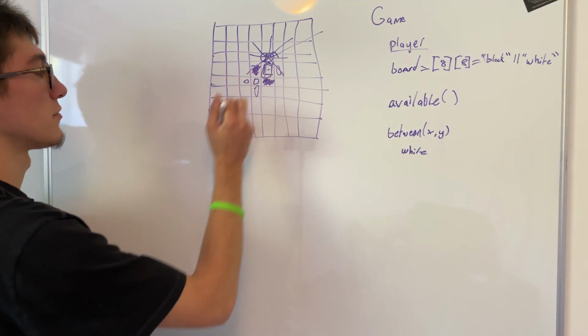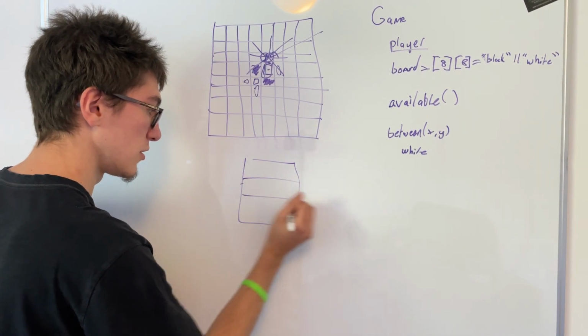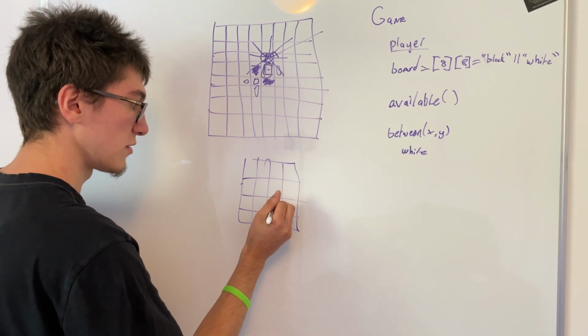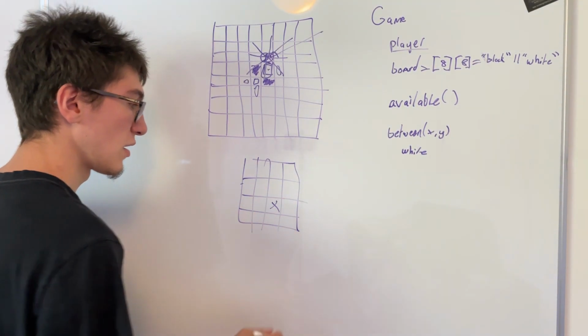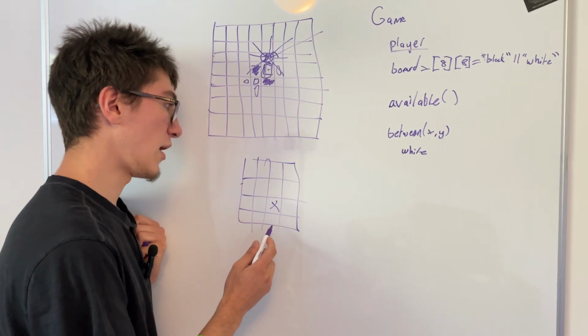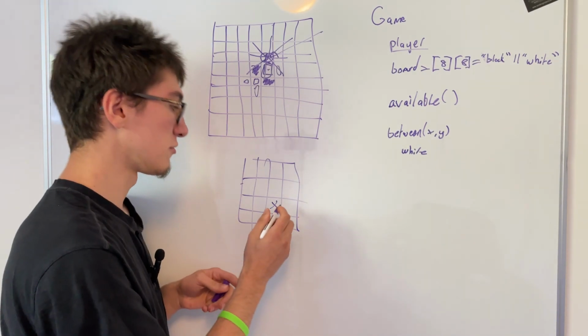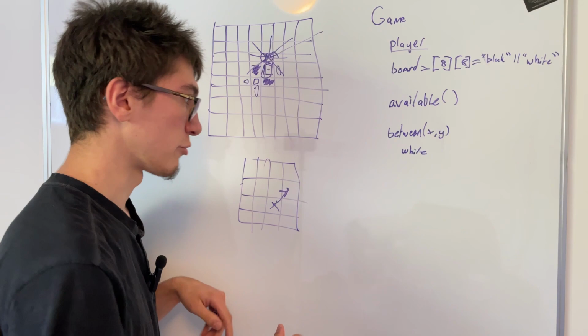Let's say for, let me redraw it a little bit. Let's say I pass the x, y here, and I'll explain it for like one or two. So let's do diagonal top right, right?